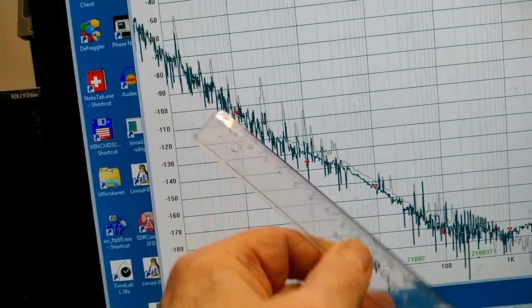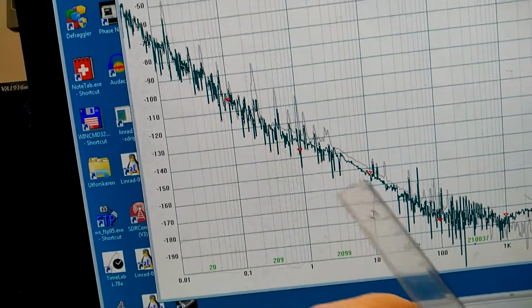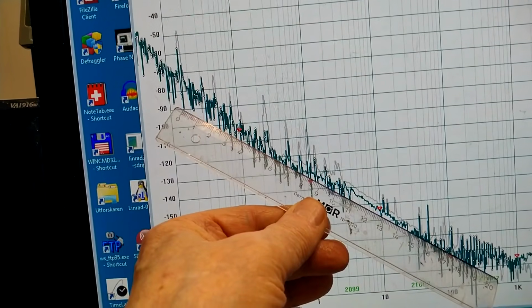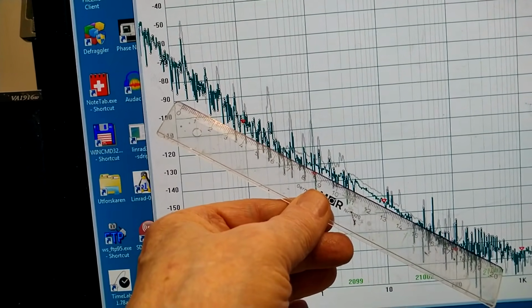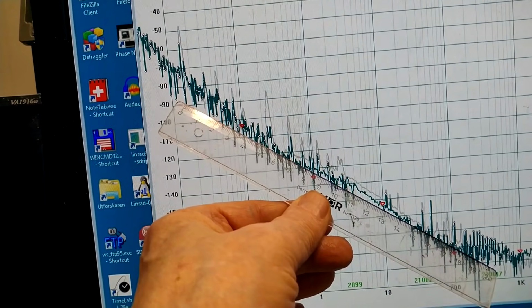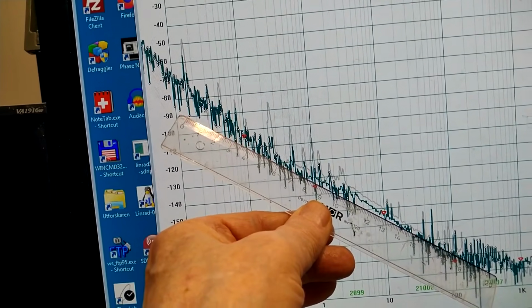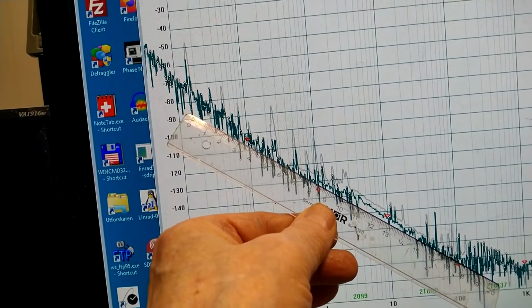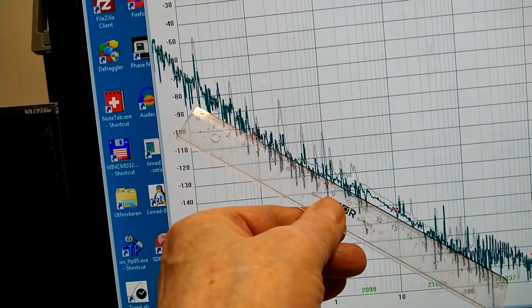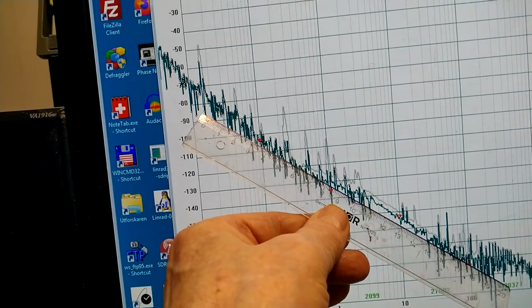And then there is a hump here which I attribute to the variations in the gate to drain capacitance of the source follower. I have seen this before, and it can be removed by forcing the drain to follow the gate.